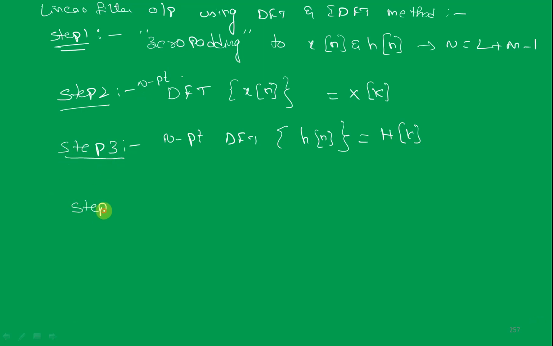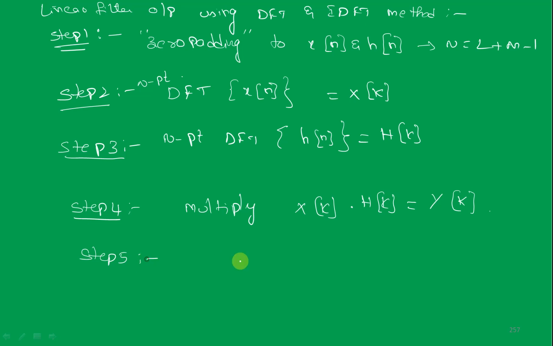Step 4. Multiply this X of k and H of k, that is equal to Y of k. Step 5. Find the IDFT, that also N-point, IDFT of Y of k.